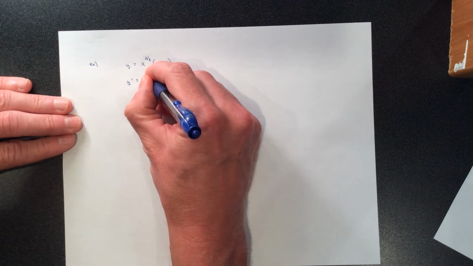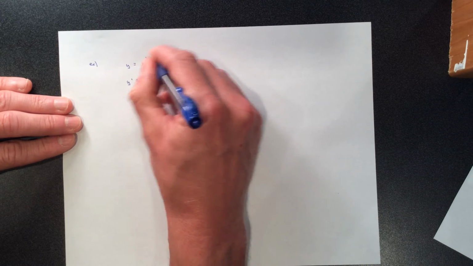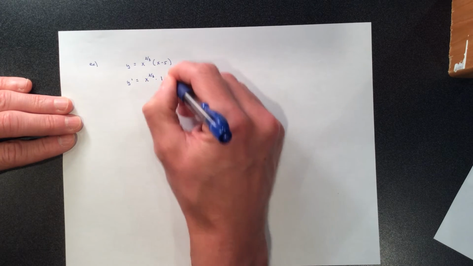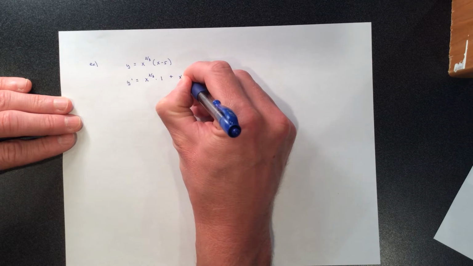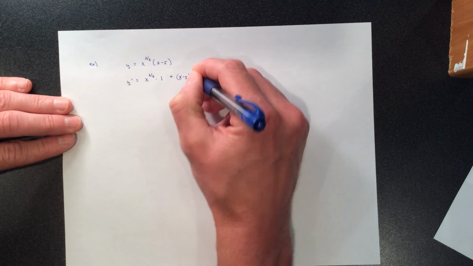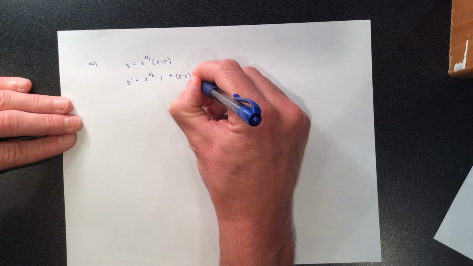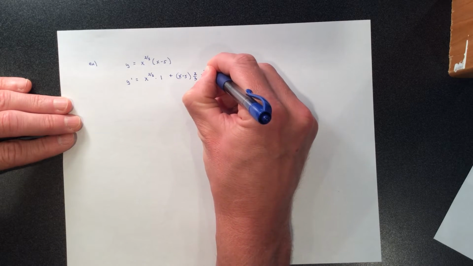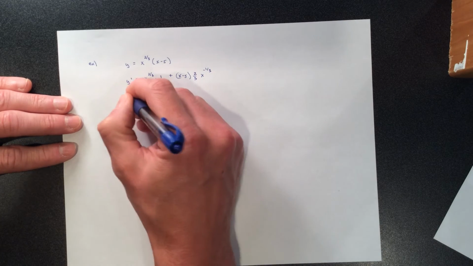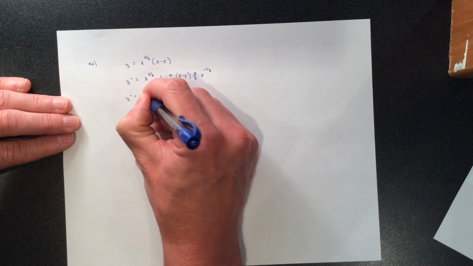So we have x to the 2/3 times the derivative of the second function, which is 1, plus the second function times the derivative of x to the 2/3, which is 2/3 x to the negative 1/3. Let's simplify this to make it look a little better.